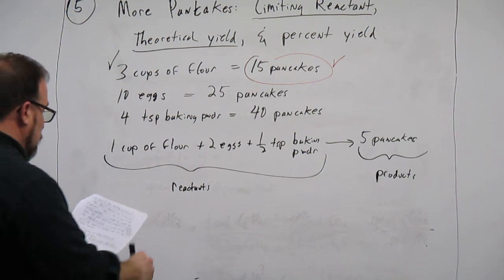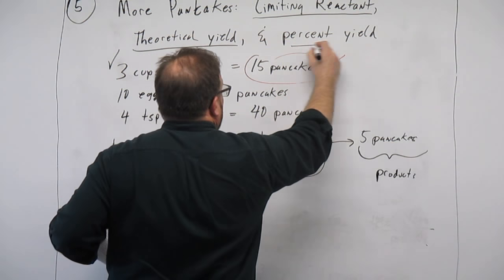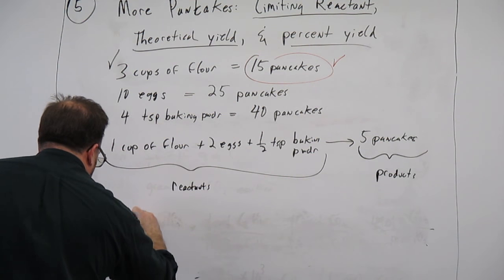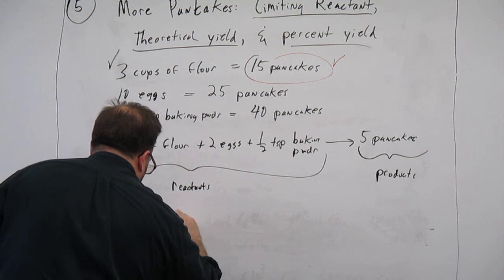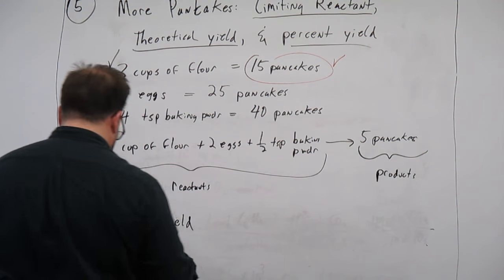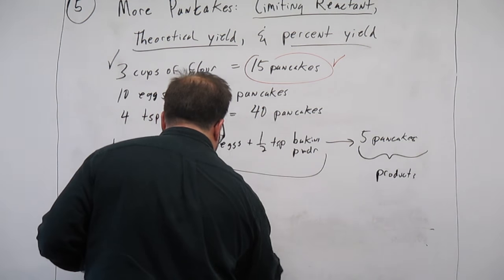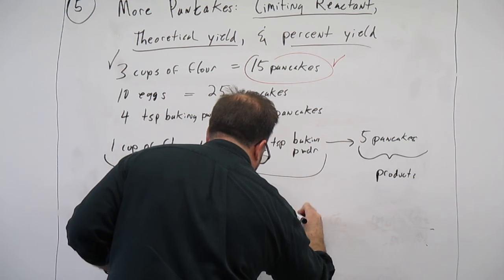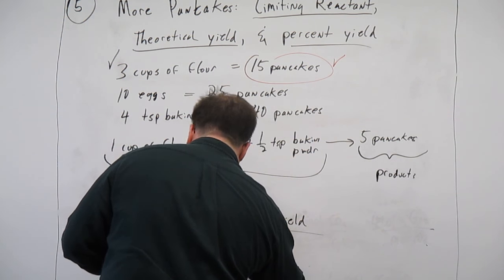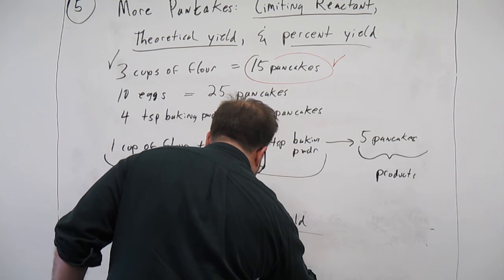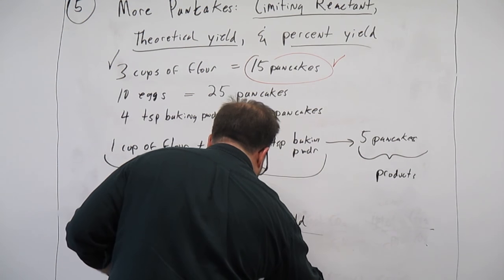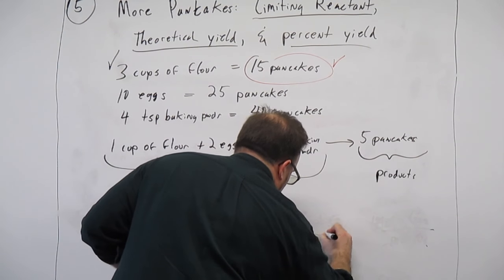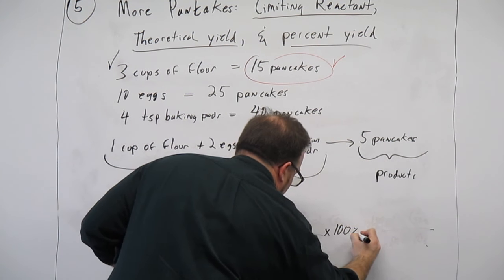So this introduces what percentage yield is, okay? Percentage yield is the following: it is the actual yield divided by the theoretical yield, times 100 to give you percent.